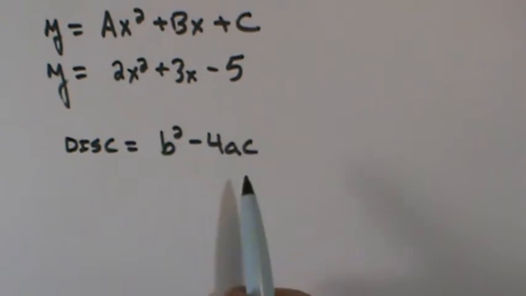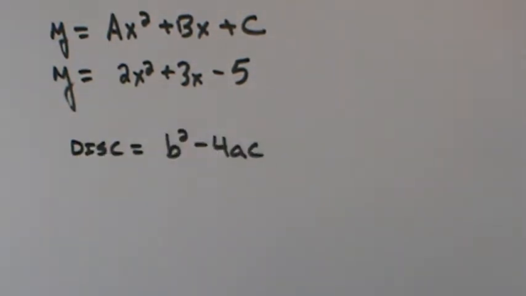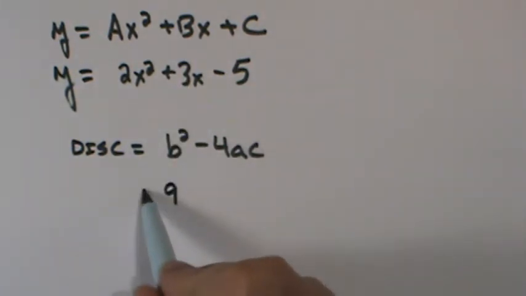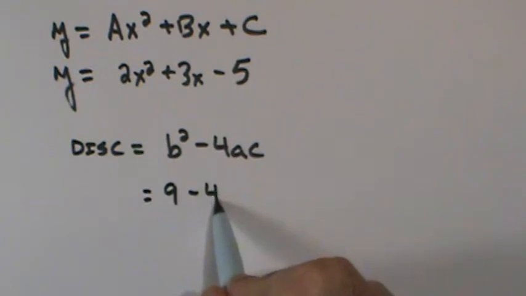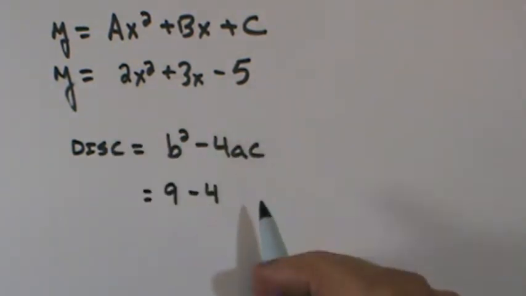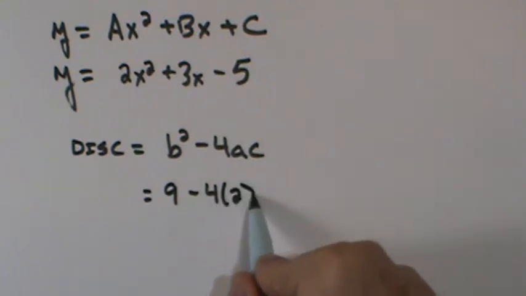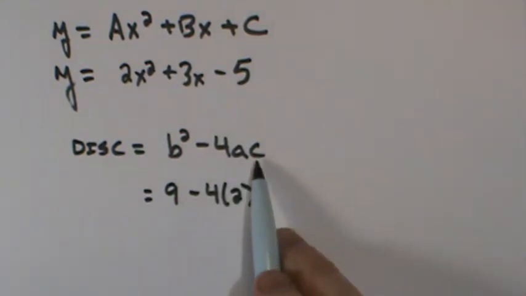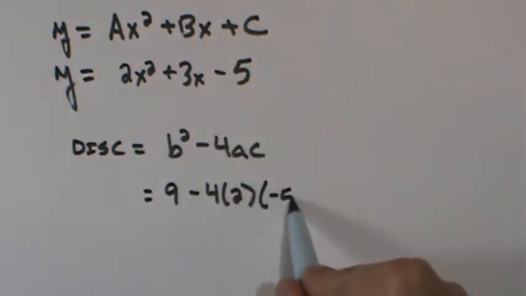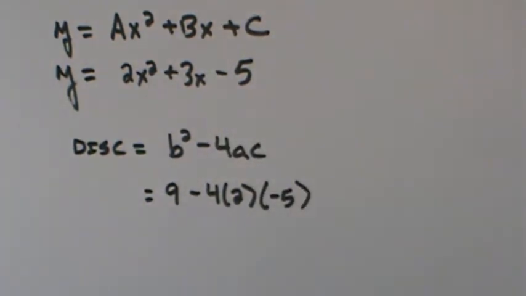So when you look at this, what is the value of b? It's 3. So I'm going to square it, and I'll say 9 minus 4. The value of a is 2, and the value of c is -5. So you see the calculation is quite simple.